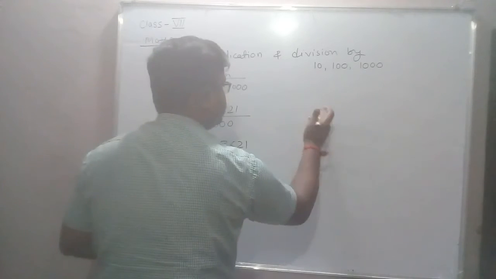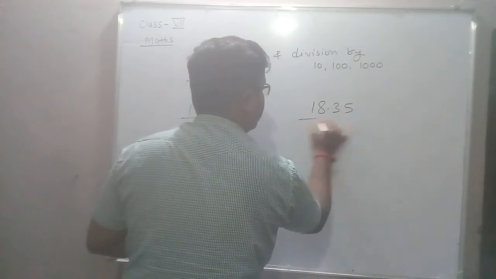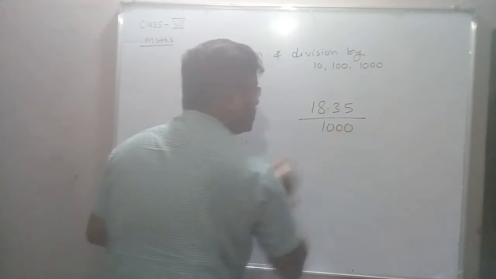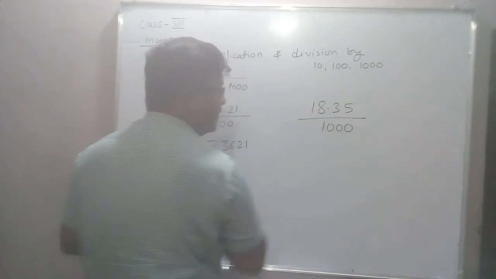Let's see another, 18.35 divided by 1000. We need to transfer the decimal towards the left after 3 digits, but here there are only 2 digits.